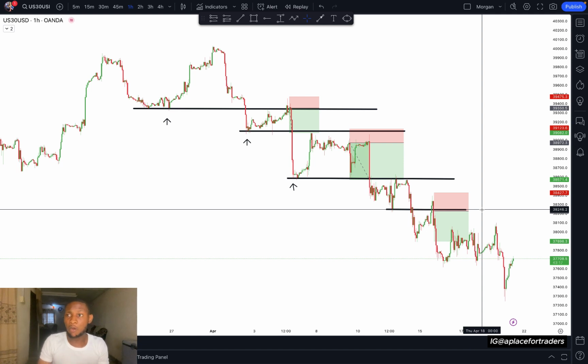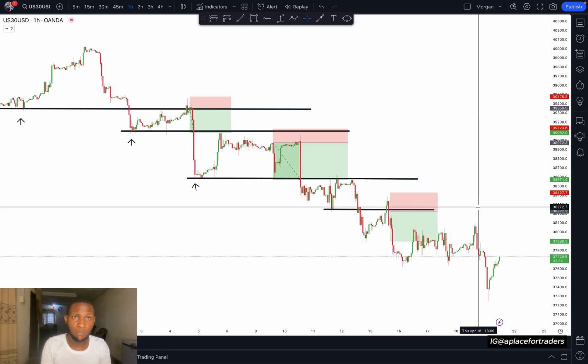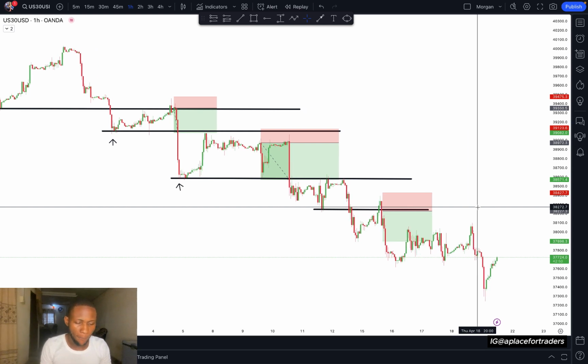Because the moment I close my partials, everything that comes after that is just free money because I've already made my risk in the trade. I'm not trying to be greedy, but also giving my trade the chance to play out and giving myself the opportunity to catch big moves. So I take out partials at 1 to 1 and move stops to break even. That is how I trade, right?